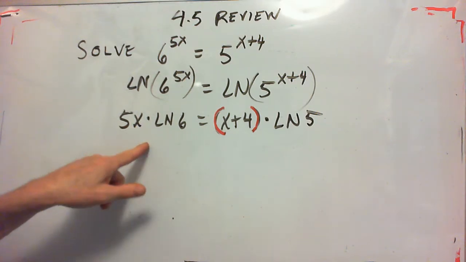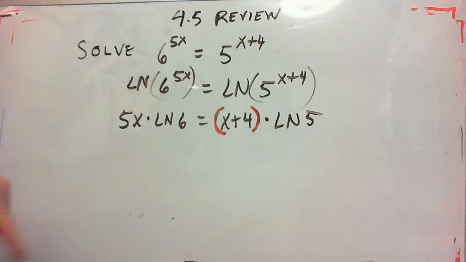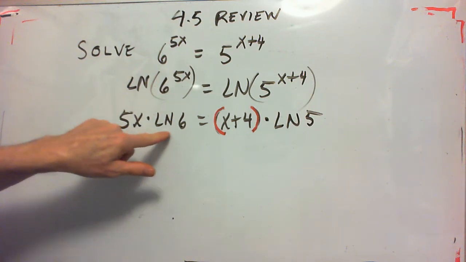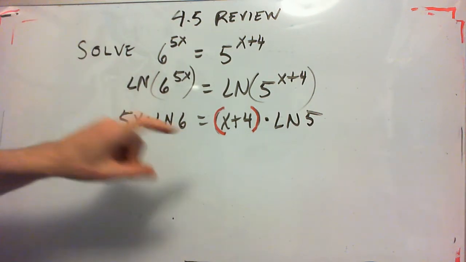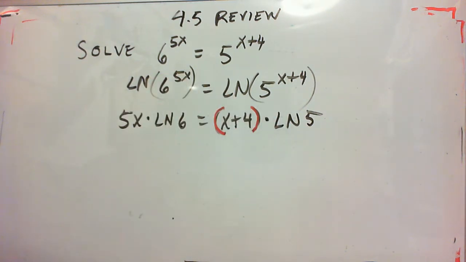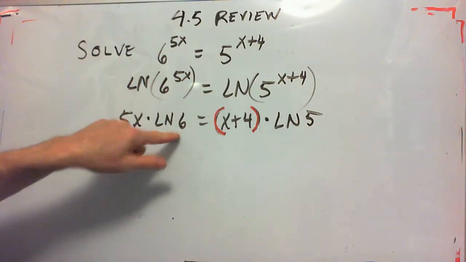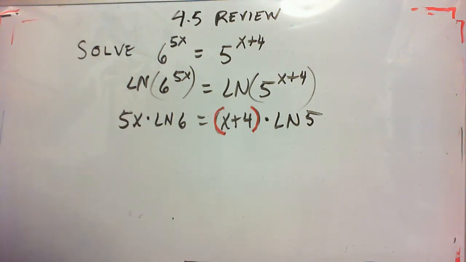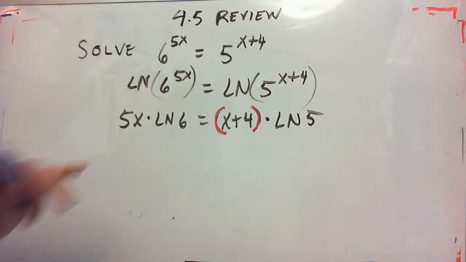Actually, all this is an algebraic linear equation. You have 5 times x times some number, ln of 6, equals x plus 4 times some number, ln of 5. You could do this in decimal form and get an approximate answer just by replacing those logs with the decimals. But we're going to solve it and get the exact answer because that's what they want in WebAssign.